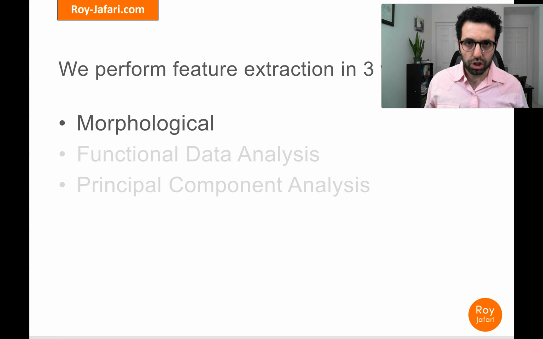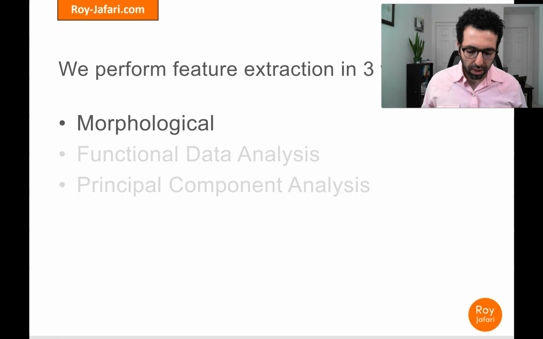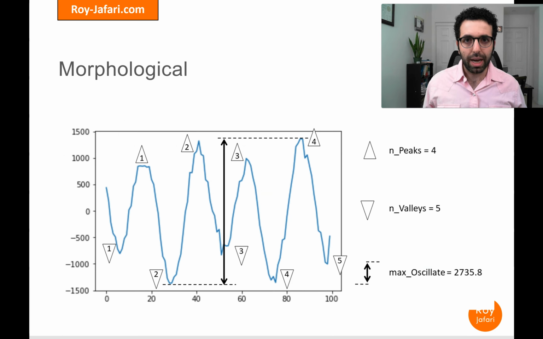Morphological means relating to shapes of objects. So when we have a morphological approach, we tend to look at the shapes of the objects, right? In this approach, we will look at the ups and downs of these oscillations, and we start doing some feature extraction. This is a heuristic type of feature extraction.